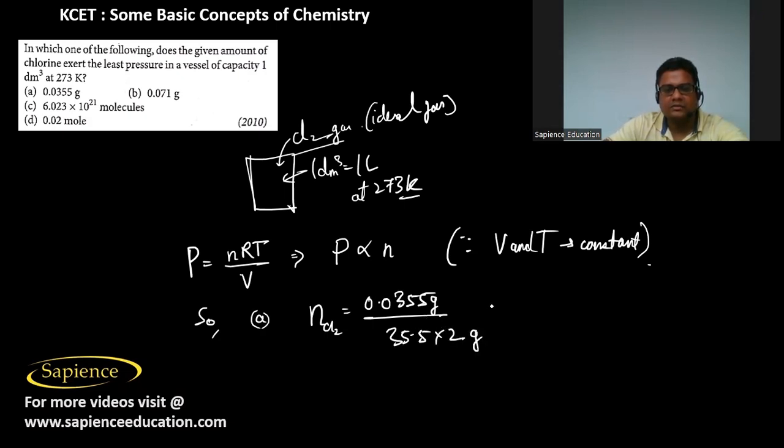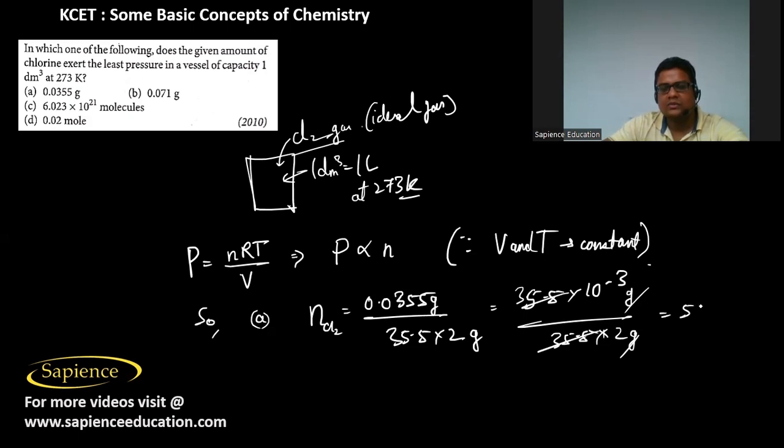So this I can write as 35.5 into 10 power minus 3 gram divided by 35.5 into 2 gram. Gram will cancel, 35.5 will cancel. So 1 by 2, so it is 5 into 10 power minus 4 moles.